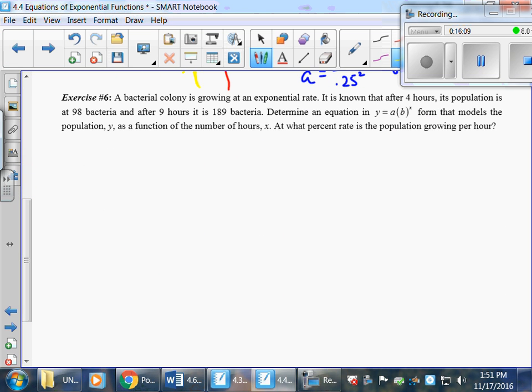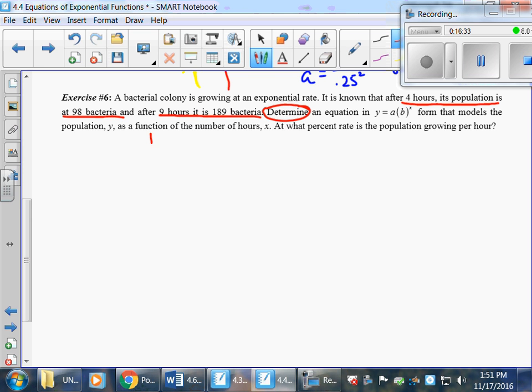A bacterial colony is growing at an exponential rate. It is known that after 4 hours, the population is 98, and after 9 hours, it's at 189. Determine an equation in the form that models the population y as a function of the number of hours. This is a great application, and what you're really getting here is 2 points.